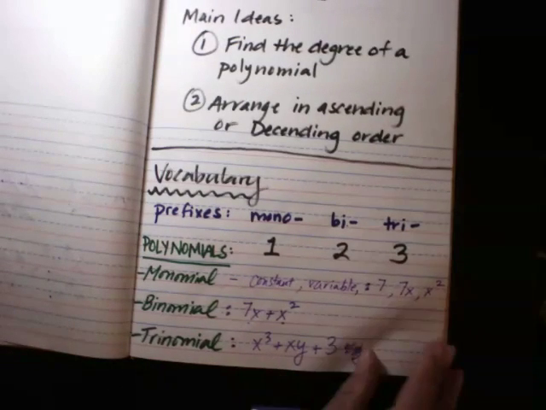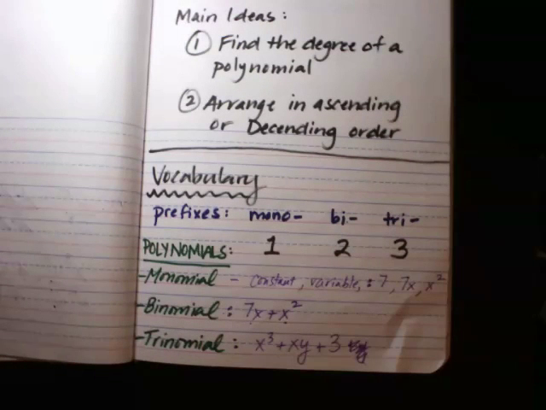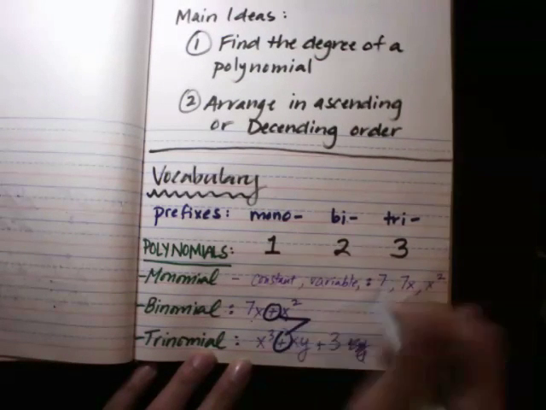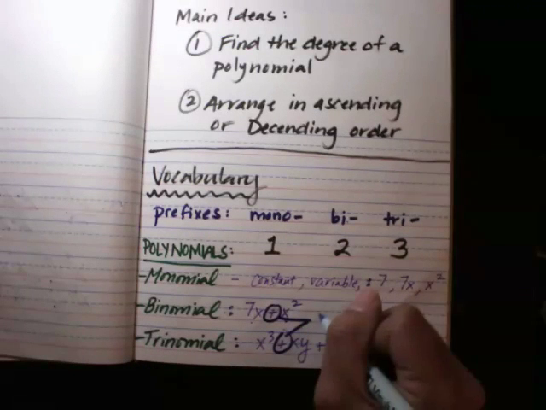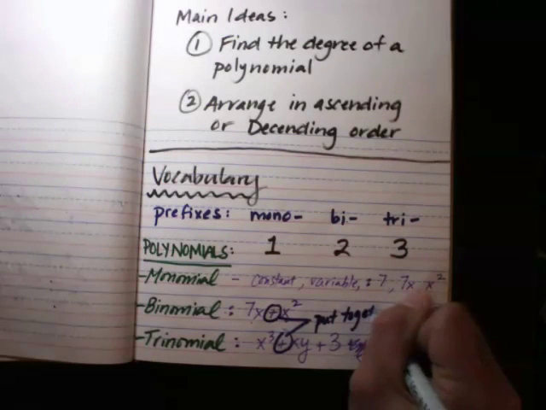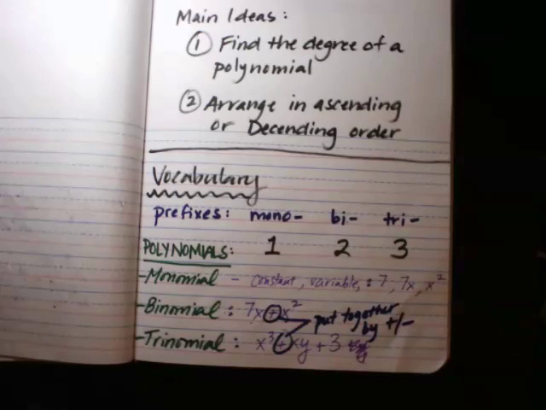Okay? Very important thing to point out too is that binomials and trinomials are put together by either addition or subtraction, which is basically the same thing.